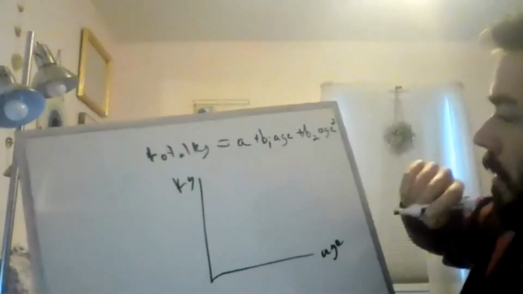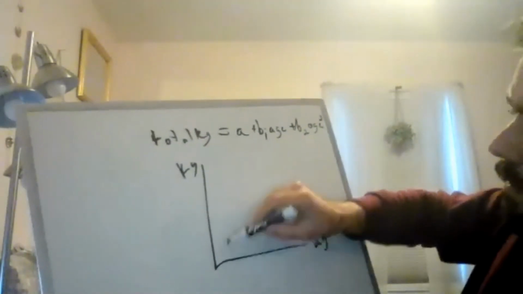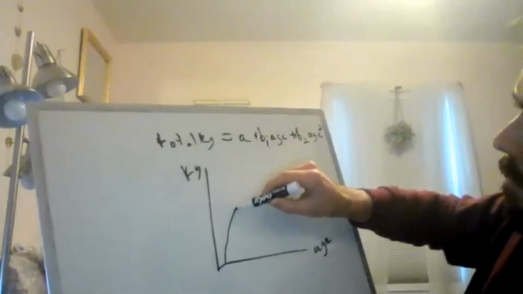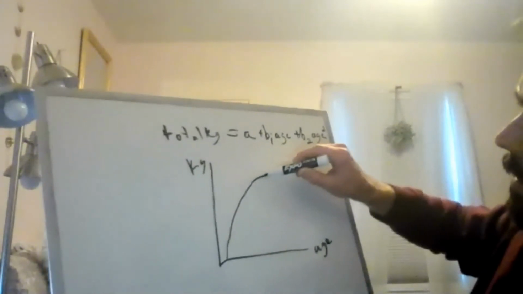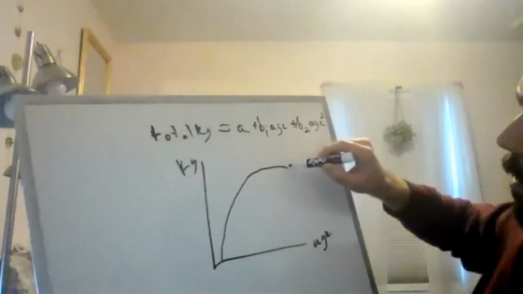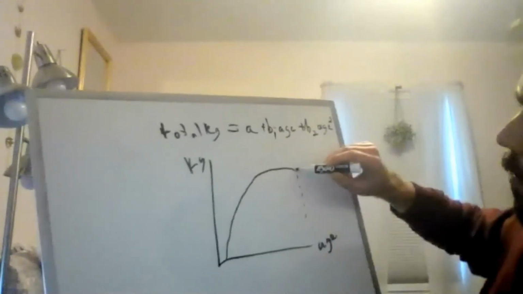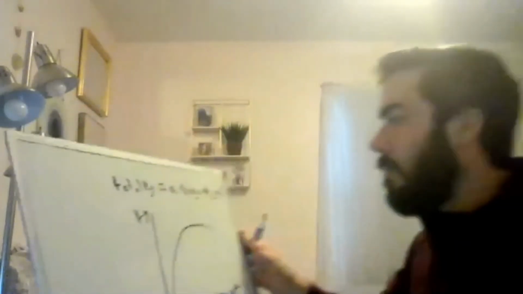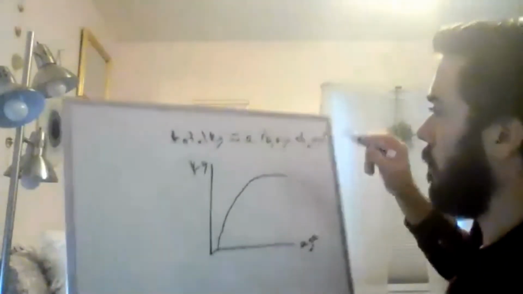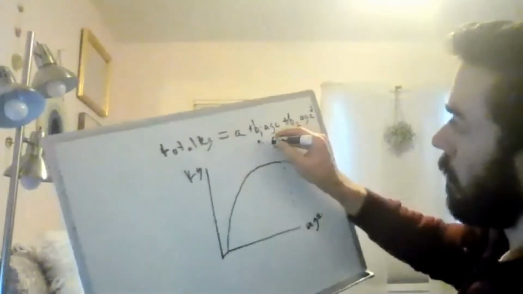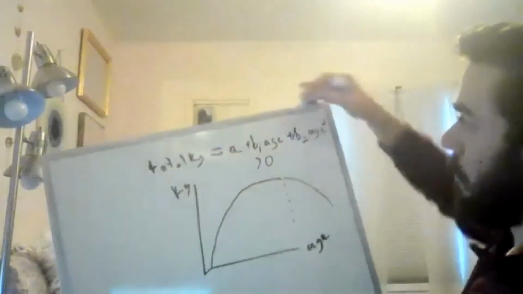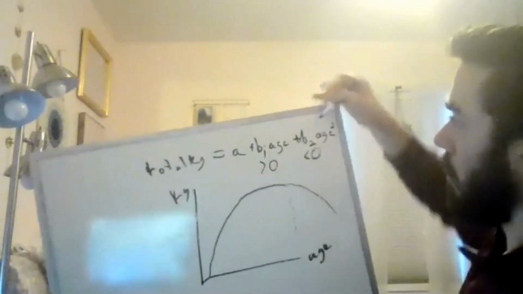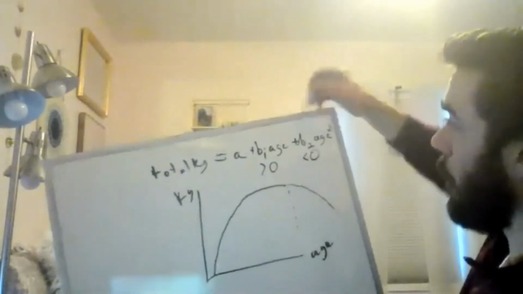As someone's getting older, that starts to increase, but it increases at a decreasing rate, to where eventually, potentially, there's an age at which it would start to decrease. In this scenario it's increasing, so that first coefficient will be positive, but at a decreasing rate, so we would expect that second coefficient to be negative.